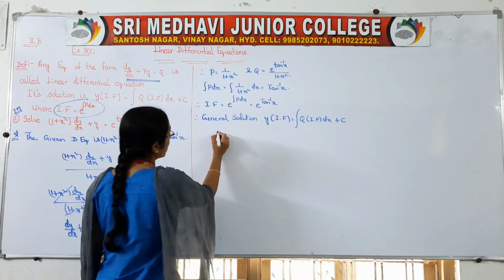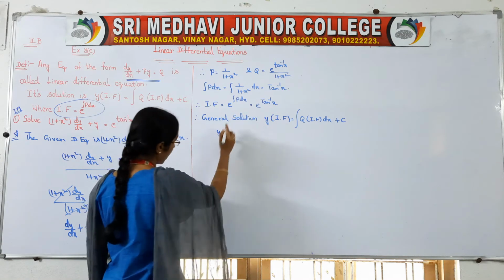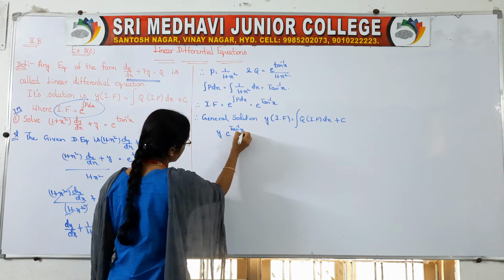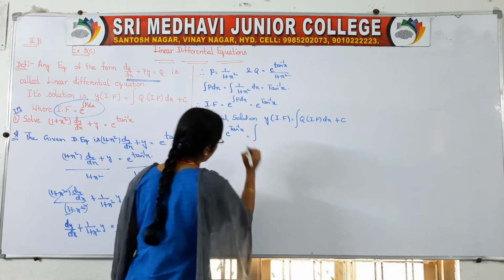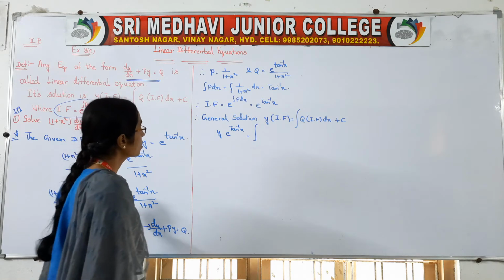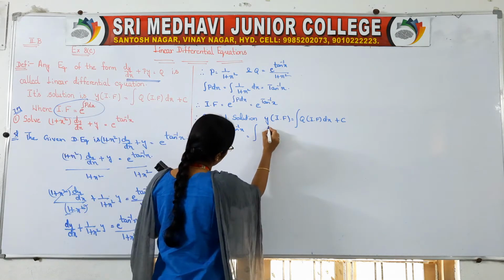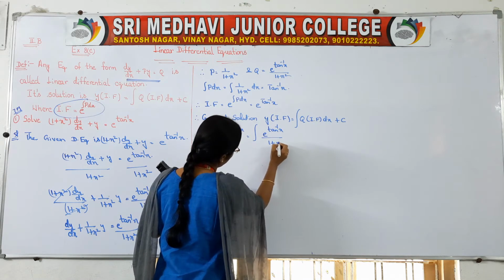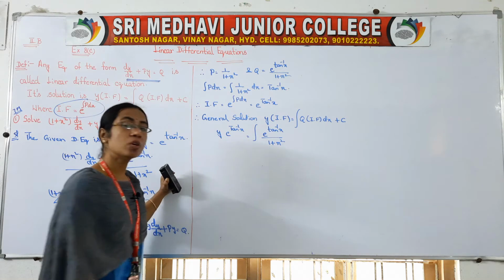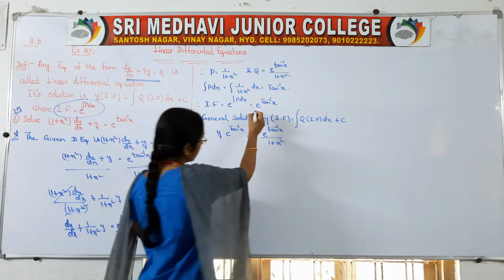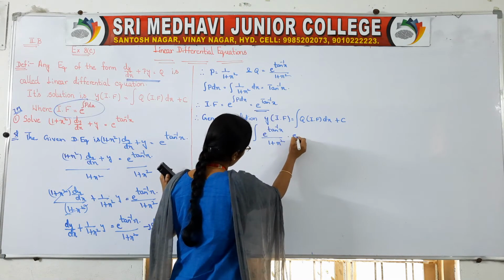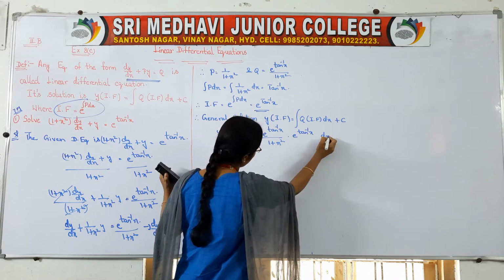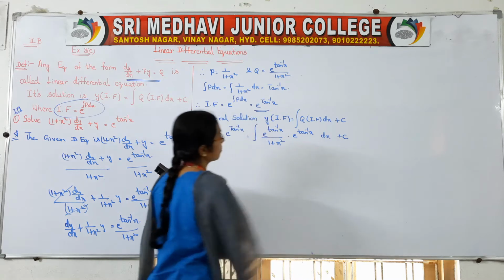So y into integrating factor, we have e to the power of tan inverse x, is equal to integral of q, which is e to the power of tan inverse x by 1 plus x square, into integrating factor, e to the power of tan inverse x, into dx plus c.